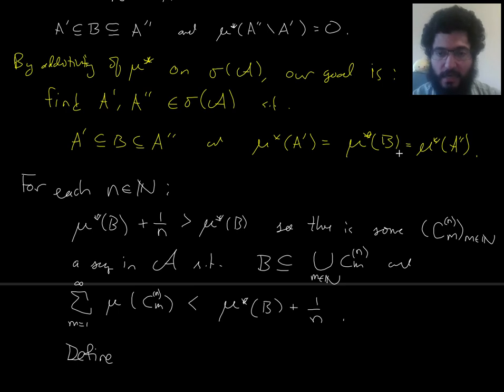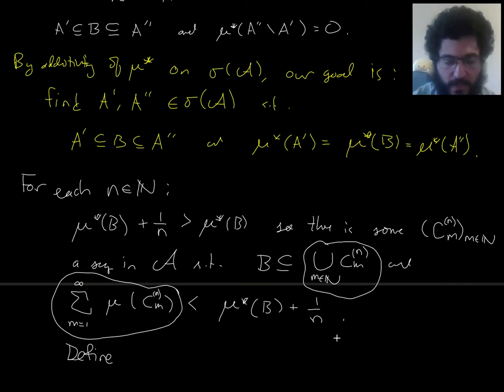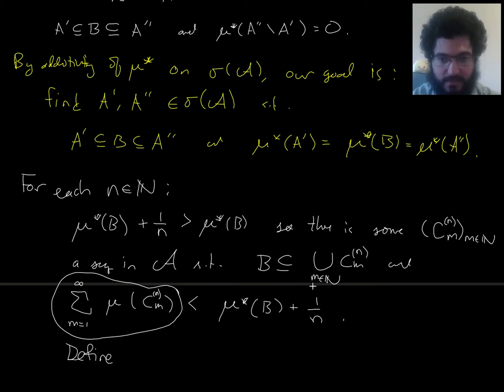That contains B, and such that the outer measures are equal. Now this sum here is an upper bound on the outer measure of the union here, right? So the union here gets pretty close to doing what we want. It's 1 over n close. And then what we're going to do is try to intersect over all n those things, which are all above B, and then that should work.